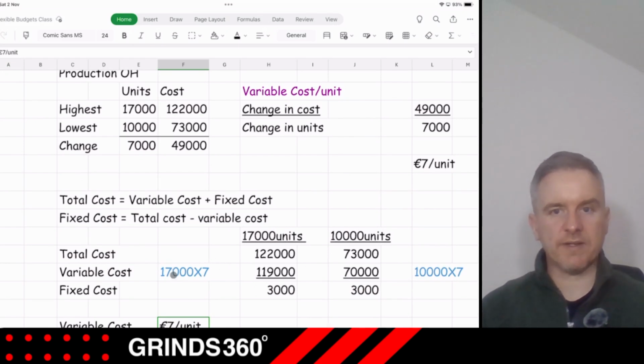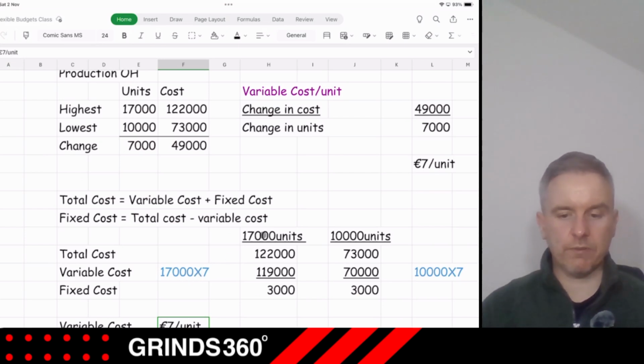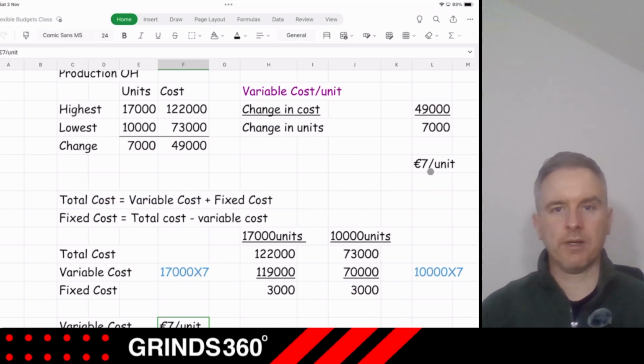Your variable cost then, 17,000 by 7. Now, where are we getting that from? The number of units multiplied by the variable cost per unit. That's all we're saying every single time. So that was 119. Then I had 10,000 units, so I'm putting 10,000 multiplied by the variable cost per unit, which is €7 per unit. So I have 3,000 there.